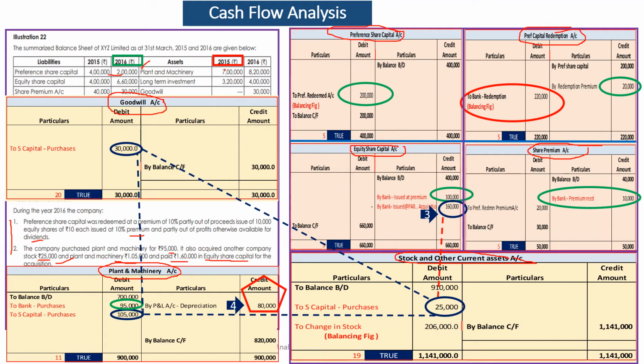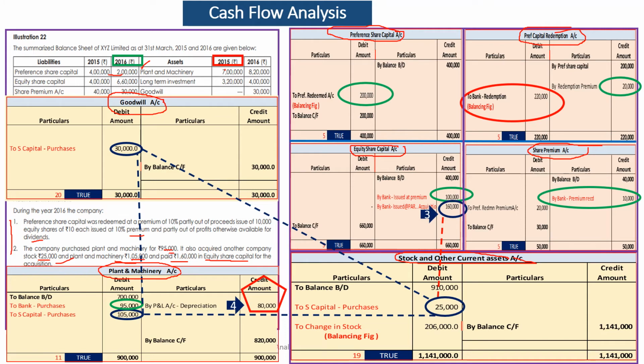I can straight away take 2,60,000, but I should know what that 2,60,000 is coming from. Is there any gap? Plant and machinery, 7 lakh became 8 lakh 20,000, means it has increased by only 1 lakh 20,000. Whereas here he has purchased 1 lakh 5,000 and also 95,000. When you purchased 2 lakh worth of fixed assets, why did it go up only by 1 lakh 20,000?